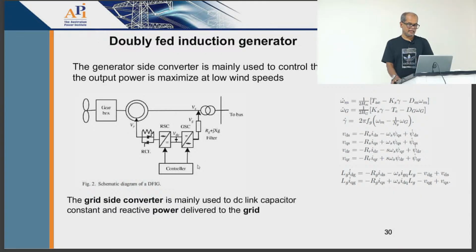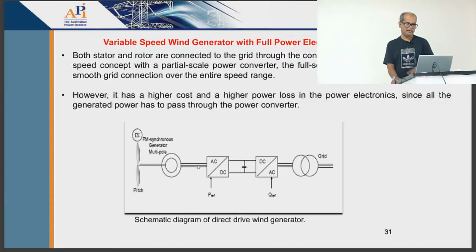So once you have that model, depending on what sort of control and what other devices, then you can go for designing control. But this is the next generation wind farm, where you can see that both rotor, I mean 100% power is going to the grid through this converter inverter.